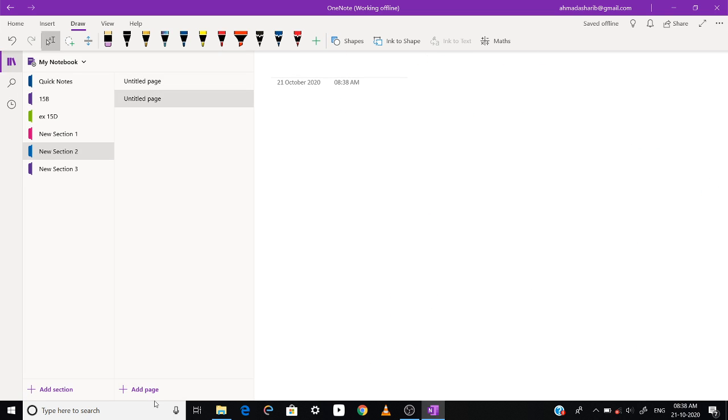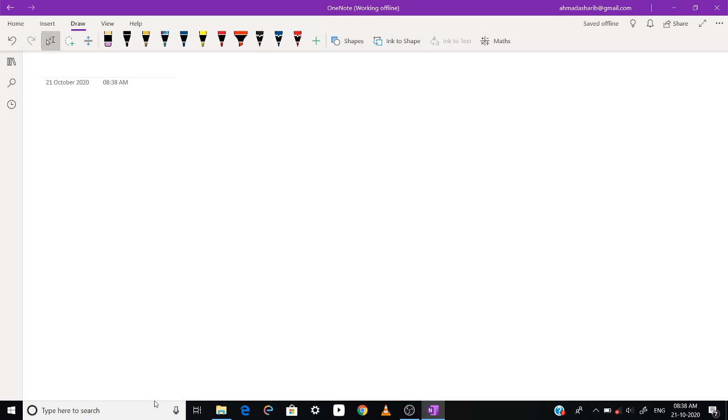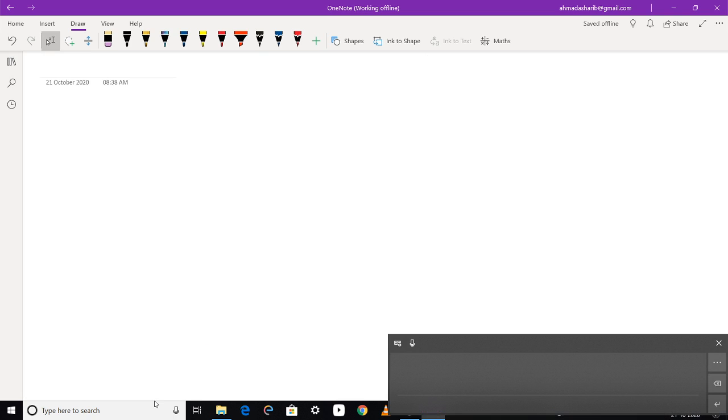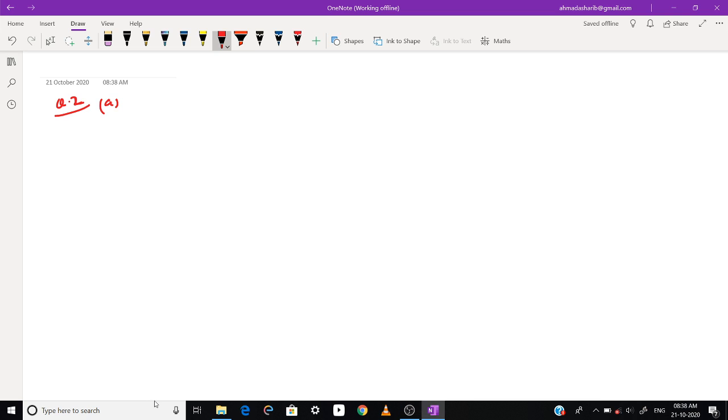Now we are heading to question number 2, and question 2 says write the name for each of the following figure. For example, part A, and the point M is given, so we will write point M, that's it, this is point M. Okay, now part B, it is a line segment BC.